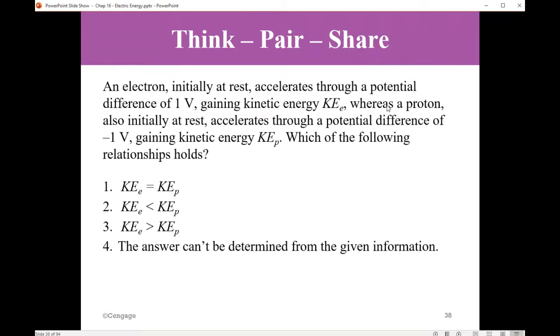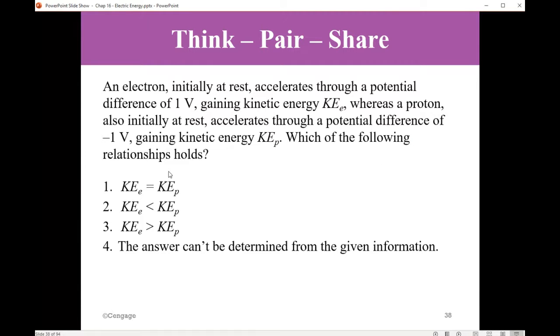An electron initially at rest accelerates through a potential difference of 1 volt, gaining kinetic energy, whereas a proton also initially at rest accelerates through a potential difference of minus 1 volt, gaining kinetic energy. Because the charge is different between the electron and the proton, electron is negative, proton is positive, you need to flip the sign here.